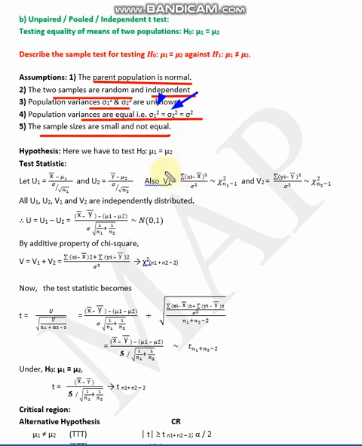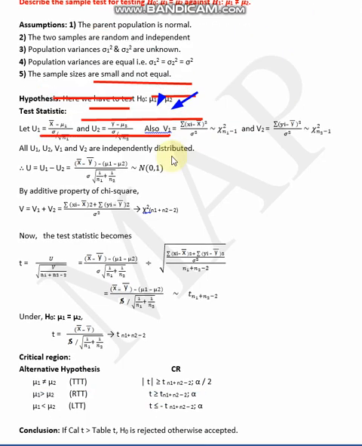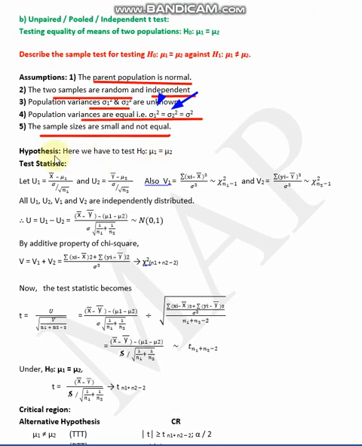Any test procedure consists of 4 steps. What are these 4 steps? The first step is related with the setup of the hypothesis. The second step is related with the test statistic: find out what would be your test statistic for this test.